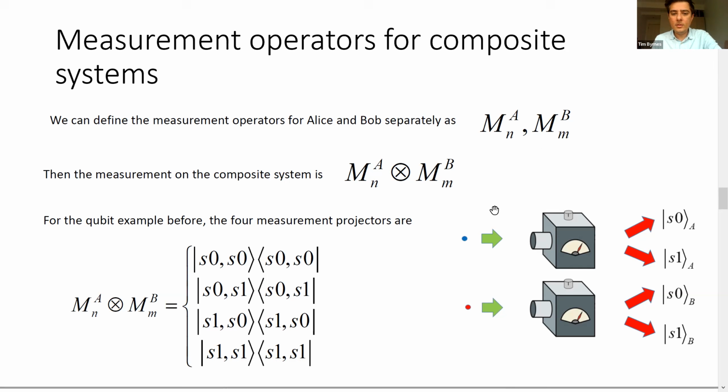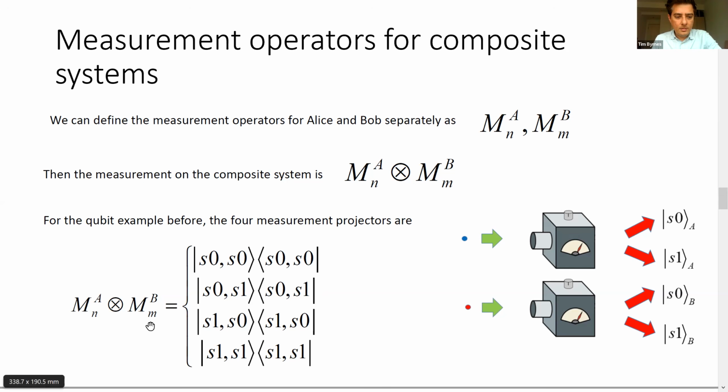So if you had measurement operators for Alice and Bob that were like MA and MB, then the measurement of the composite system you would make by this tensor product of the operators. These would be like 2 by 2 matrices, right? But this would be a 4 by 4 matrix because you've taken the tensor product of the matrices.